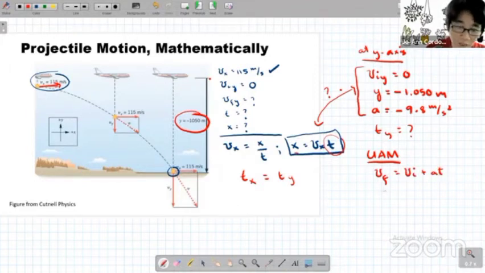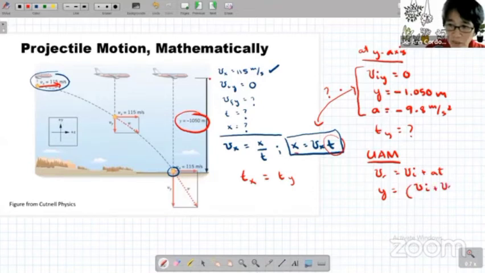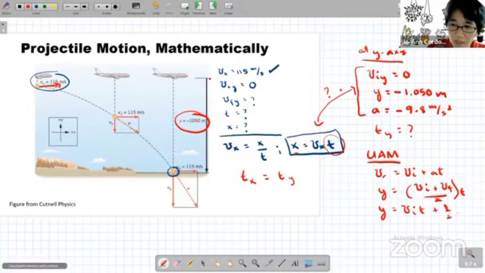And you have, y pa lang ginagamit natin, sorry. y is equal to velocity initial plus velocity final over 2 times t. And then you have y is equal to velocity initial times t plus 1/2 at squared. And you also have 2ay is equal to velocity final squared minus velocity initial squared.